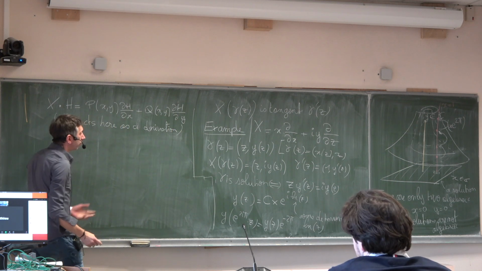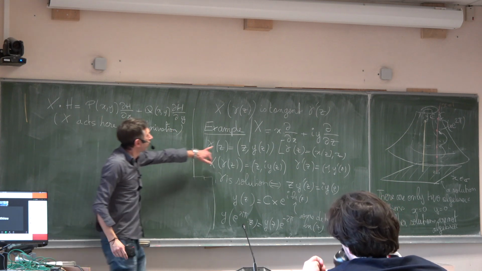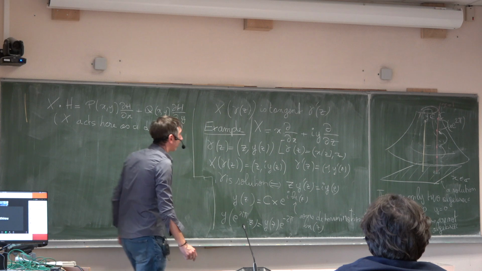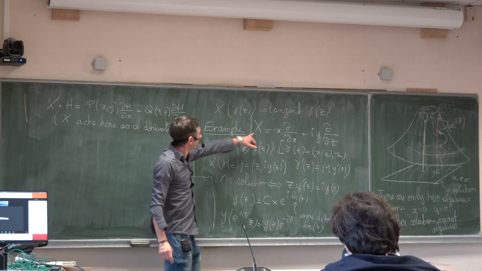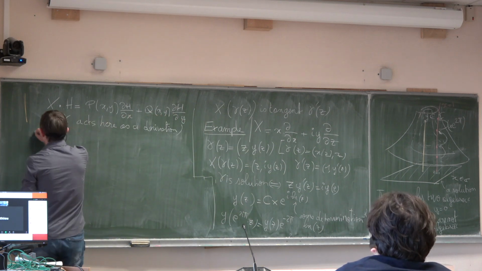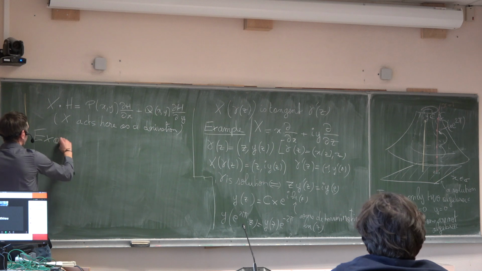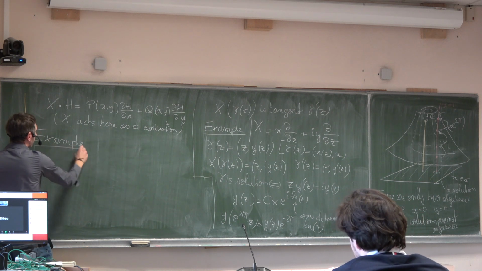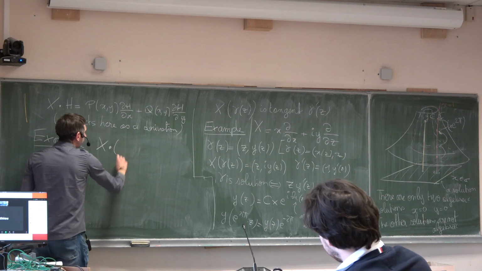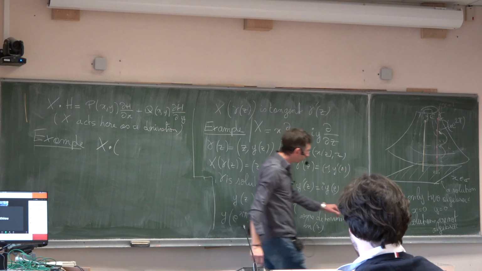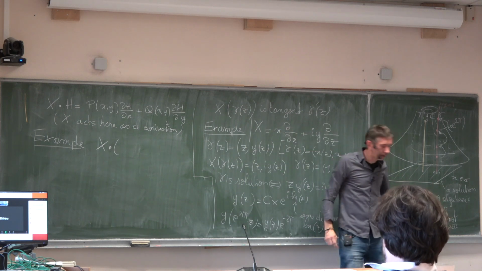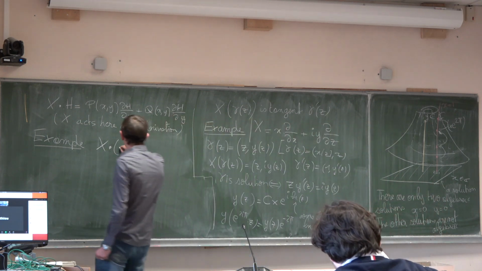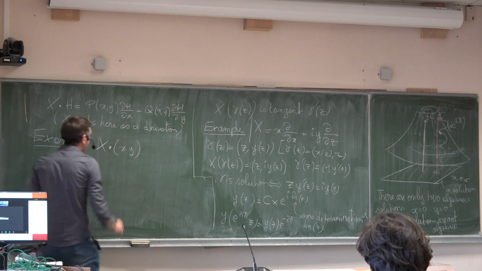But of course, there is some link here. If I go back to this example and I compute X of the product of the two functions which define the algebraic solution, xy, I'm going to compute this explicitly.